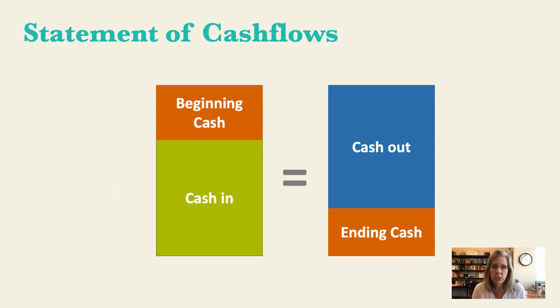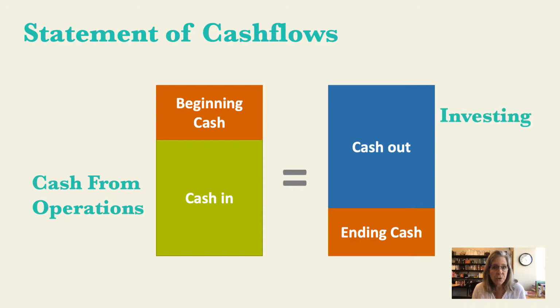So if we look at the parallel in a cash flow statement, there's 3 parts of a cash flow statement. The first is cash from operations, which is the inflow into the company from the profit-making portion of the business. There's cash out, and there's 2 sections of that. One is investing, so the way in which you're putting that money you got from the company back into the company.